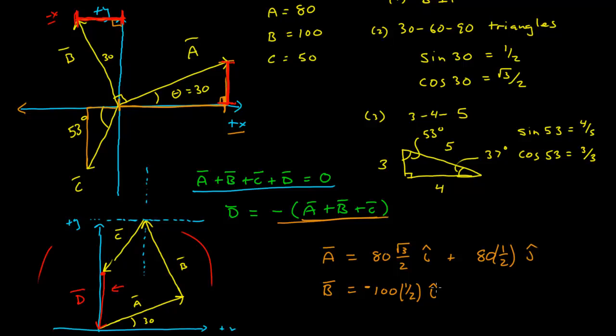So let me pause for a moment to emphasize what I did here. First of all, I didn't use any formulas that you might have seen in a book, like the x component is r cos theta and the y component is r sine theta. No, I always go to the picture and I draw a triangle and I find the proper x component as a length of that triangle.